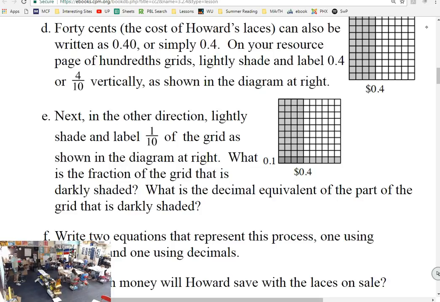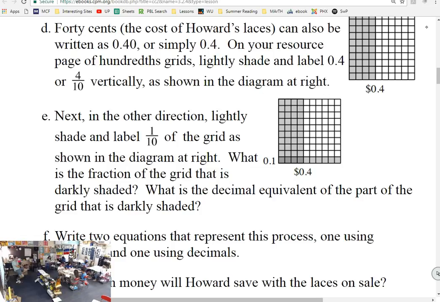And what did we end up with? Alex? 4 cents. 4 cents that have been double shaded, right? So the 10% working horizontally and the 40 cents working vertically, the overlap is 4 cents, which means my shoelaces will not cost 4 pennies, 36 cents.